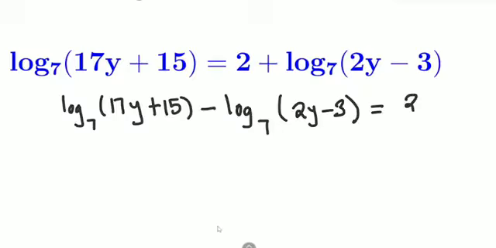I hope that is clear. Then from there, what's next? From this stage, we can notice that here we have log in base 7, and here we have log in base 7, and there is a minus here. So we can apply one of the laws of logarithms.